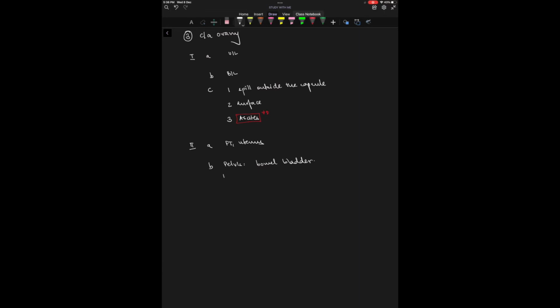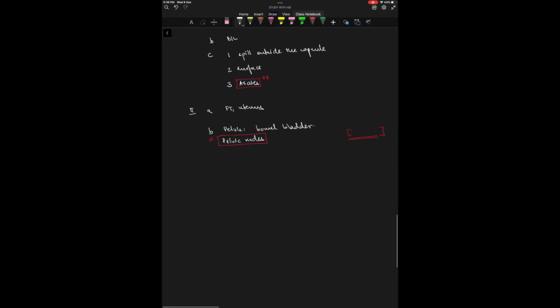Okay, next there is also involvement of pelvic nodes. This is also a very important point, because in endometrial and cervical cancer, what was the stage? Just comment down below if you know the answer. I will answer it in a while.